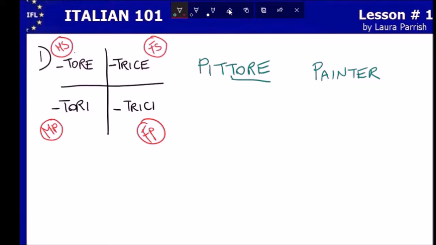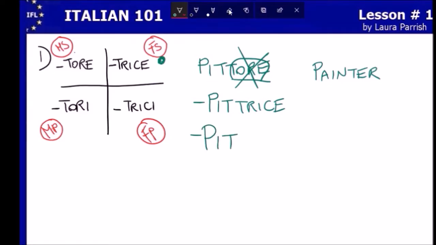Then you need to take away, to cut the ending, and you're gonna have the stem. So this is the stem. If you want to make it feminine singular, you're gonna add these desinences, trice, pittrice. And if you are very careful, you cannot make any mistake because you have the stem.